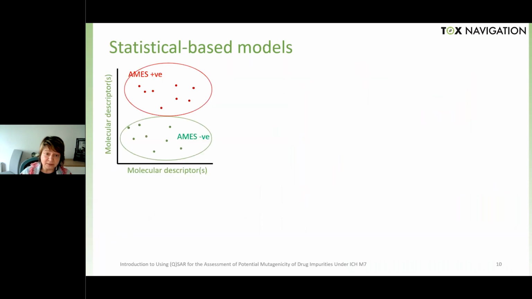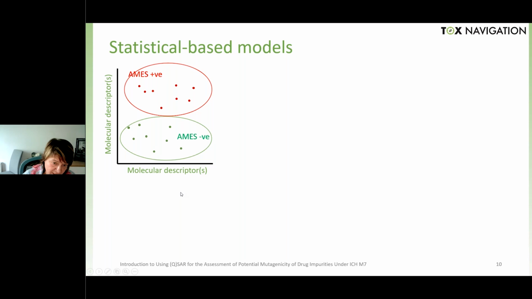The statistical-based models are based again on known activity. So you will have molecules that are positive and negative. And this is just a very easy 2D representation of the chemical space, but in reality, you will use lots of different molecular descriptors, and you have to think that we will be in a multi-dimensional chemical space.